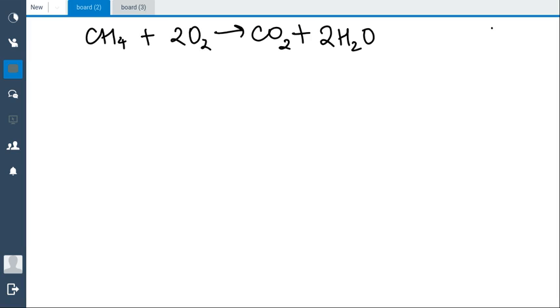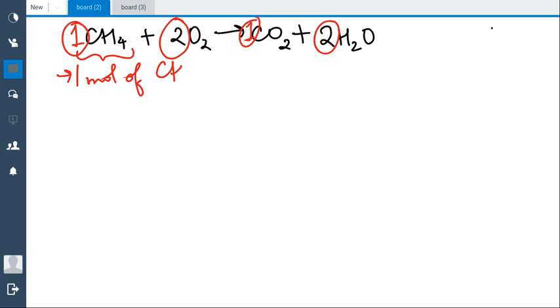Now, this stoichiometry, we have to connect stoichiometry to the number of moles. This means that if 1 is written over here, it means I have 1 mole of CH4. Next, 2, I have 2 moles of oxygen.